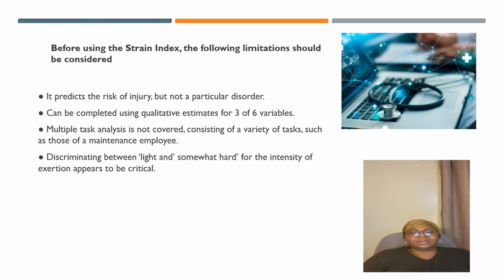Multiple task analysis is not covered, such as a variety of tasks like those of a maintenance employee. Discriminating between light and somewhat hard for the intensity of exertion appears to be critical.